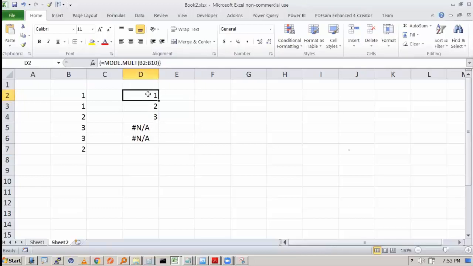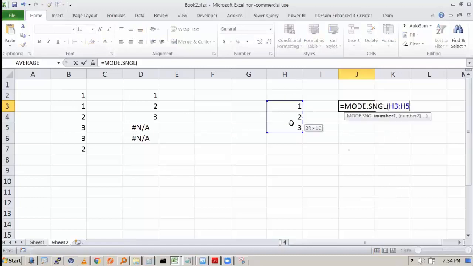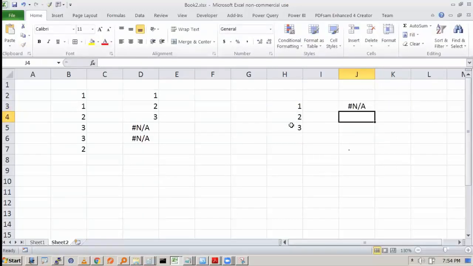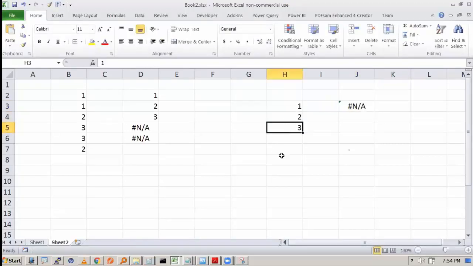But this is one problem with Excel. If I give you these numbers and ask you to find the mode, what should our output be? NA, because all of them have the same frequency of 1.